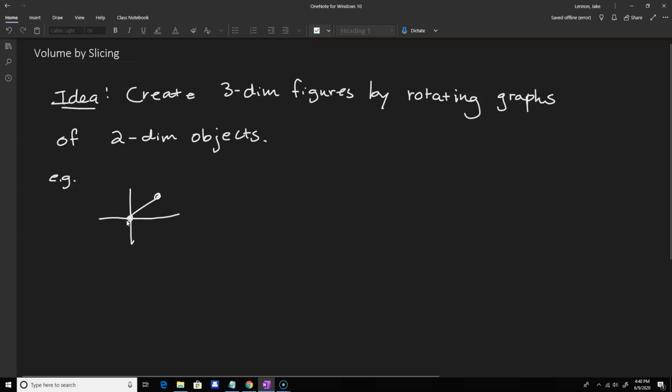Maybe we want to rotate that about the x-axis, and then we have some three-dimensional figure that is in fact just a perfect cone.